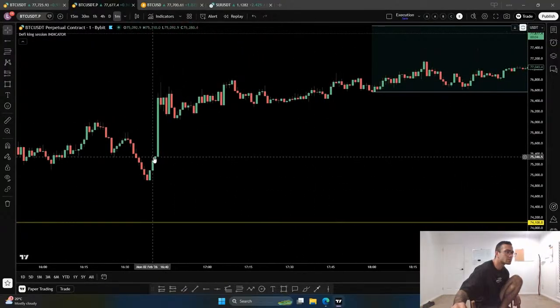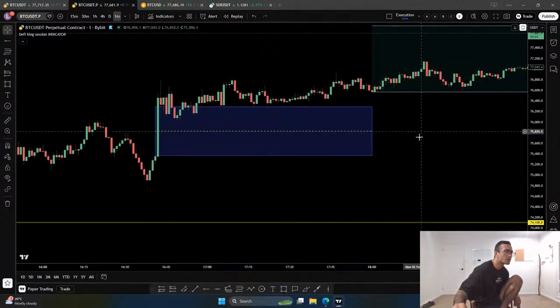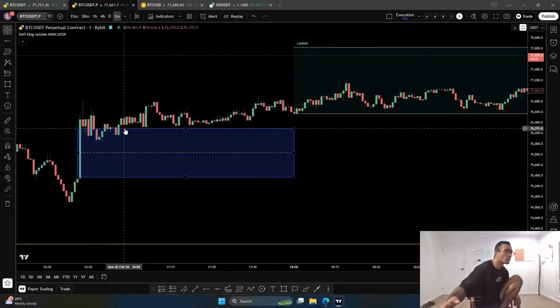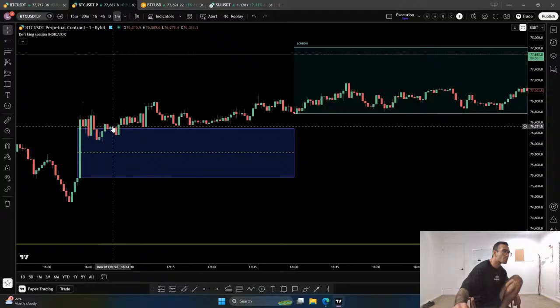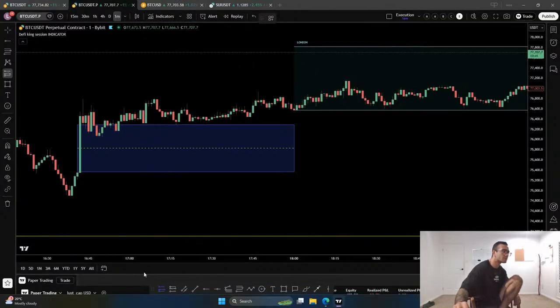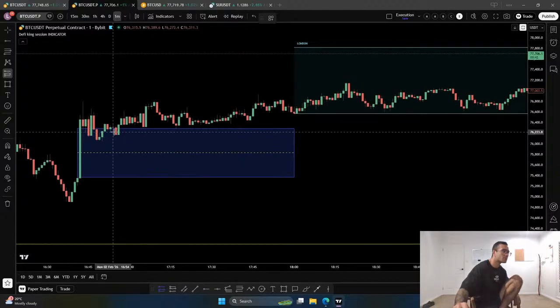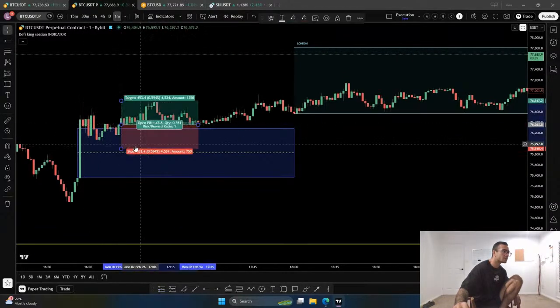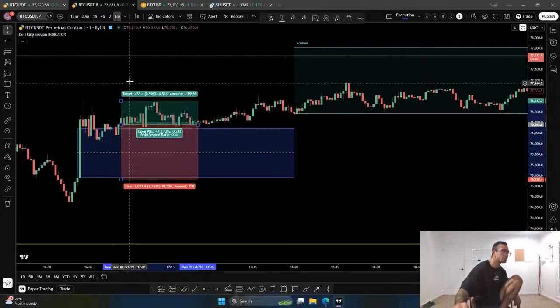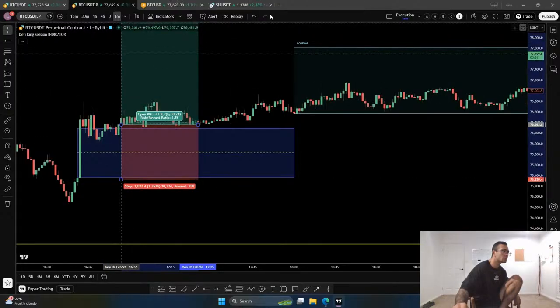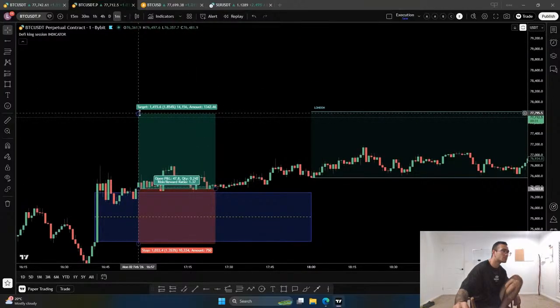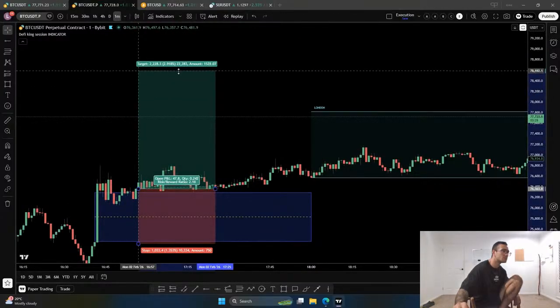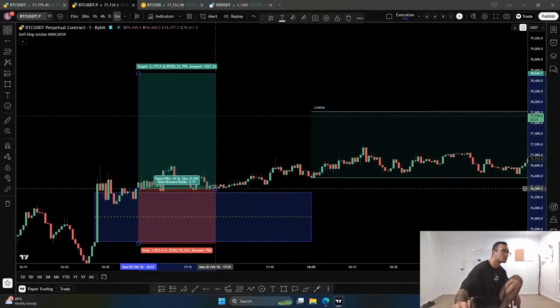Fair value gap right here. And then what has happened is price has come, I would go like this. It's coming out weighted, so yeah, we go like this, under, go to a 2 to 1. Cool.